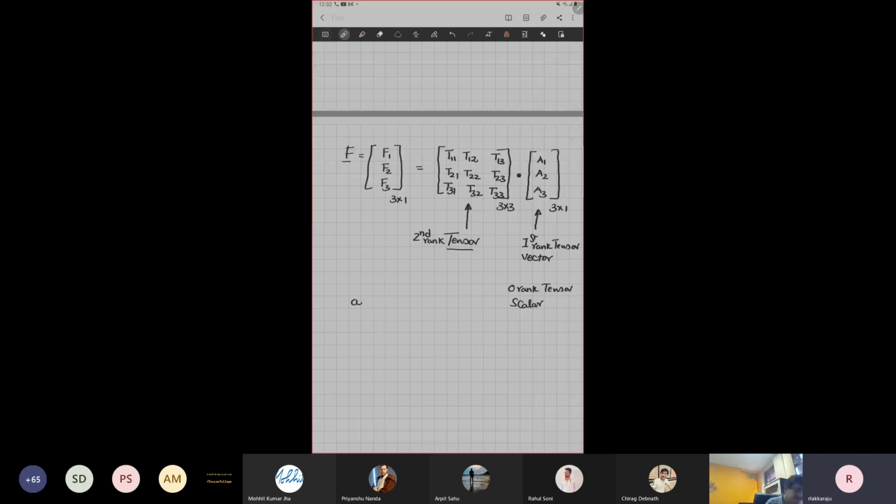If I am going to have 3 components, whether I write it vertically or horizontally, it doesn't matter, 3 components is supposed to be there. Then we will call it first rank.